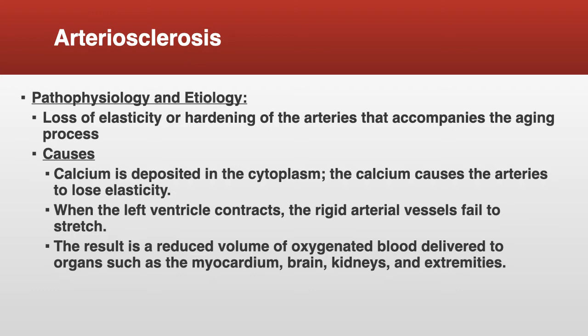When the left ventricle contracts, the rigid arterial vessels fail to stretch. This results in reduced volume of oxygenated blood delivered to the organs such as the myocardium, brain, kidneys, and extremities. So once again, this would be your decreased cardiac output, which causes a decrease in nutrients going to those vital organs.